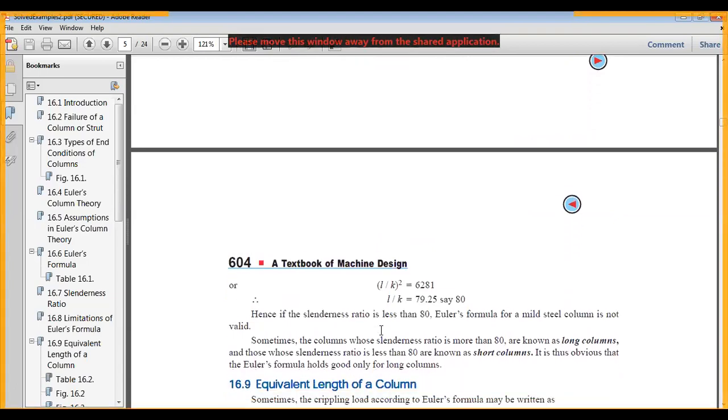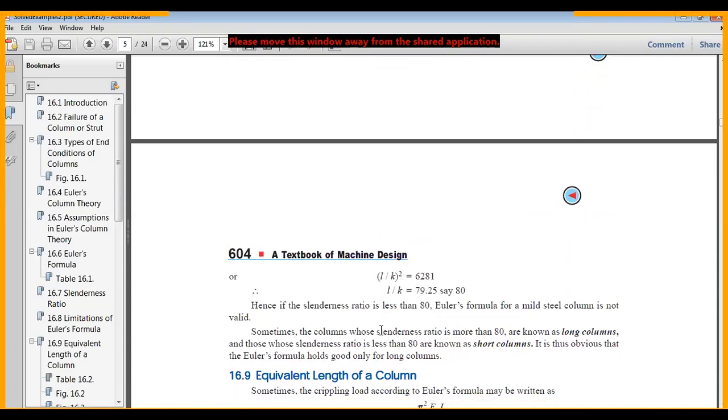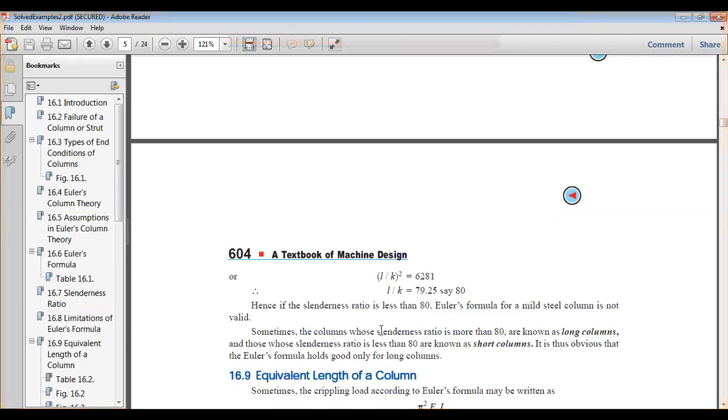So Euler's formula for a mild steel column is not valid if the slenderness ratio is less than 80. Columns whose slenderness ratio is more than 80 are known as long columns, and those whose slenderness ratio is less than 80 are known as short columns. It is thus obvious that Euler's formula holds good only for long columns.